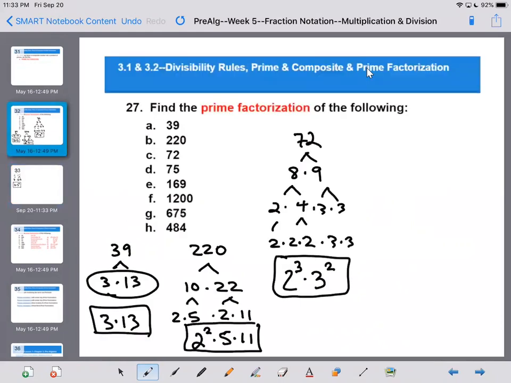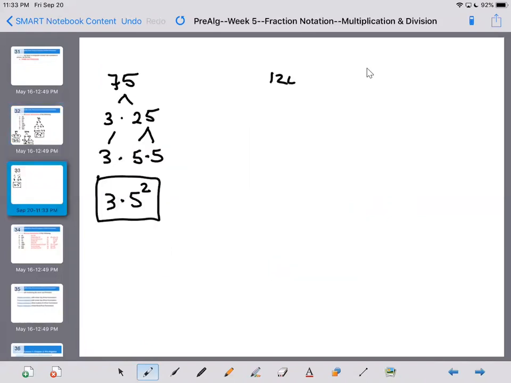Another one, let's look at 1200. Well, with 1200, I see 2 zeros here, so I know 100 is a factor, and I would have 12. So 12 is still composite, so I'm going to factor it to 3 times 4. You could have used 2 times 6.